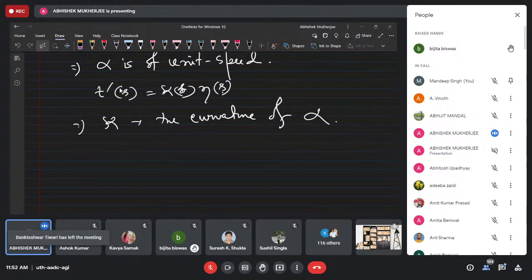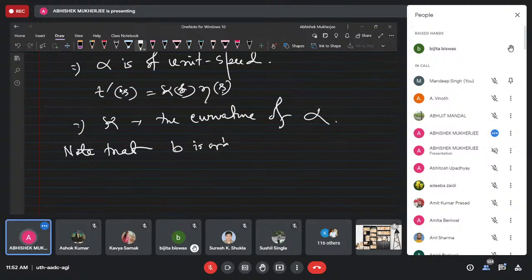Now we should move forward for the torsion. So note again that the vector B is orthogonal to T, and the norm of this vector has been proved to be 1.